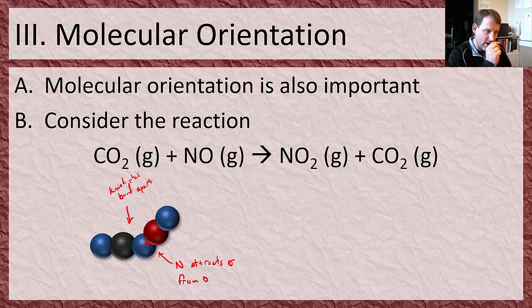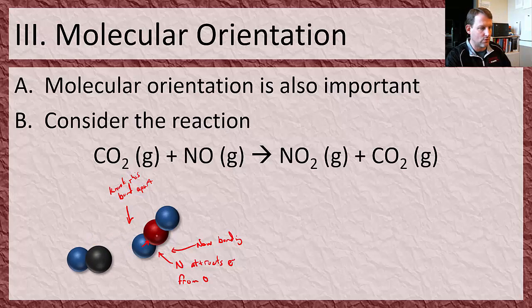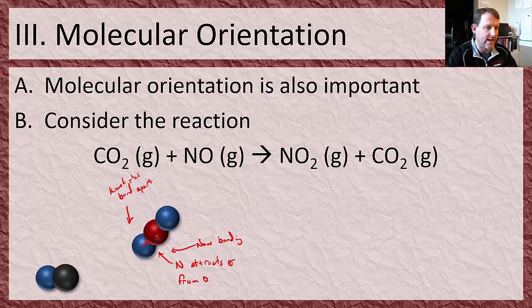So as this bond gets knocked out, it's also being weakened by the pull of electrons to nitrogen. So a new bond is forming. So instead of having to completely break this bond, it's actually being weakened by this new bond forming and pulling electrons out of it. And the result is NO2 and CO. This was an example of a successful collision orientation. Nitrogens and oxygens broke and were able to reform the bond.